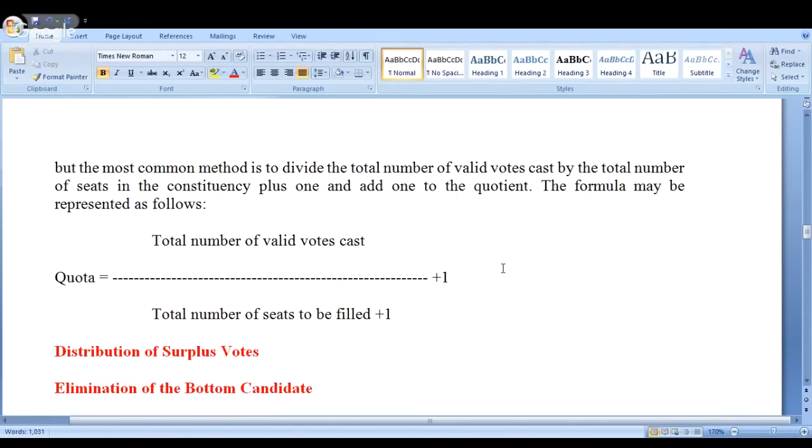So meaning 50% plus 1 out of the total. If you take 10 lakhs, imagine the total value is 10 lakhs, obviously the winning candidate must get a minimum of 5 lakhs plus 1. If he gets 6 lakhs, no problem. 7 lakhs, no problem. But the minimum you have to get is at least 5 lakhs plus 1. Then only the person is declared elected.